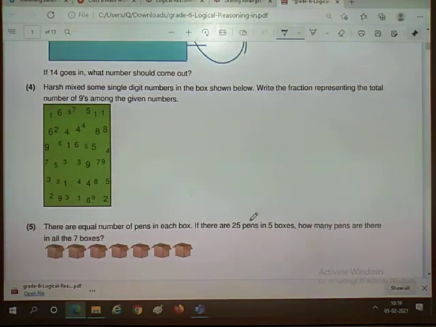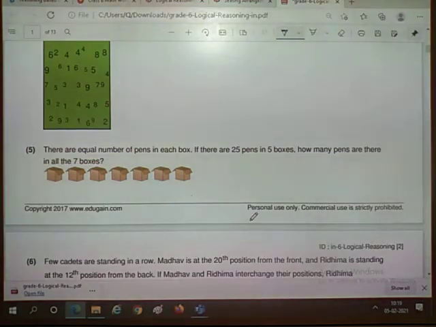Next, there are an equal number of pens in each box. You see that many boxes are given. In these boxes, pens are in equal number. If there are 25 pens in 5 boxes, how many pens are there in all the 7 boxes?